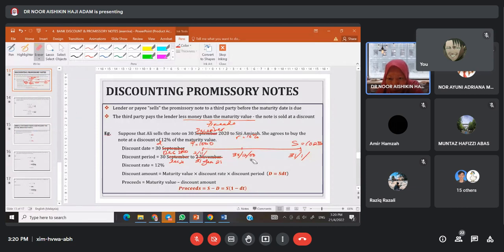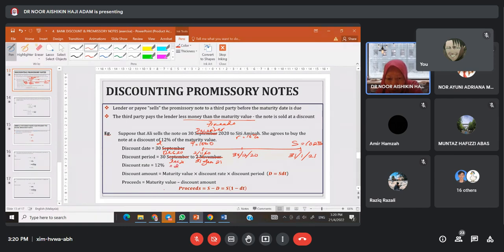Dari 2000 nanti 2021. So this is 2020. 2020, 2021. Okay, start again. Ni 2020. 2020, 2020, 2021. Okay, so the discount date is 30th December 2020. Discount period from 30th December 2020 to 31st January 2021.